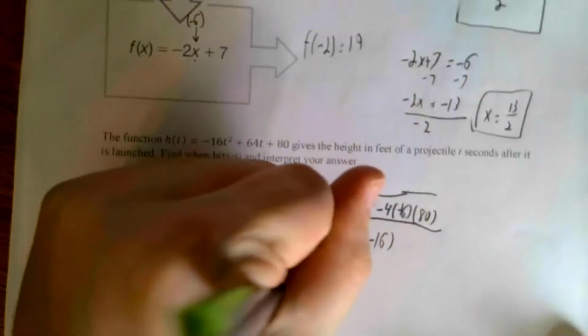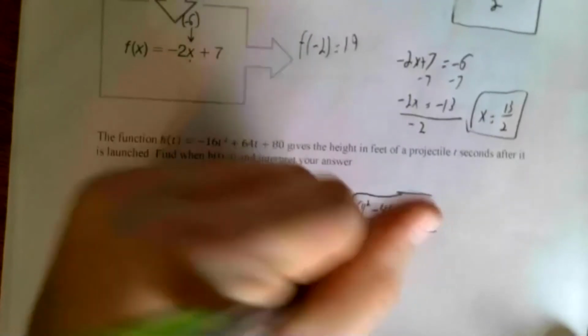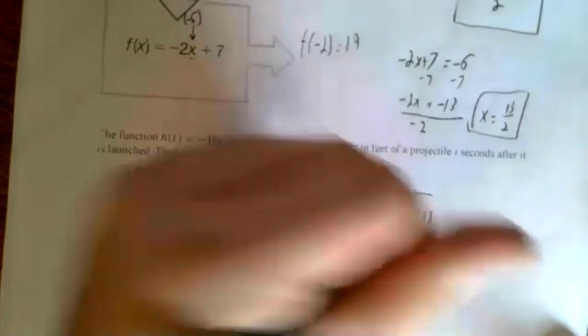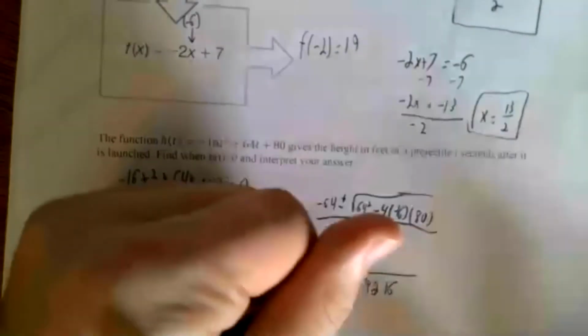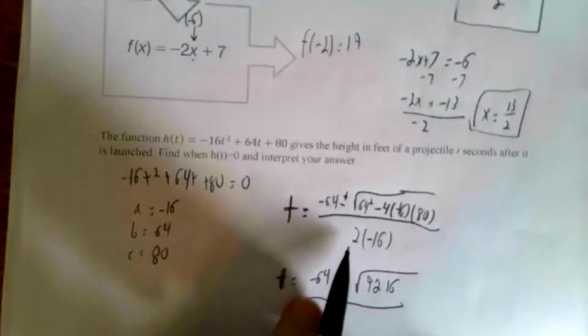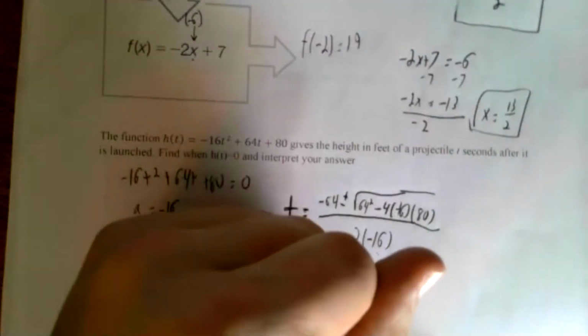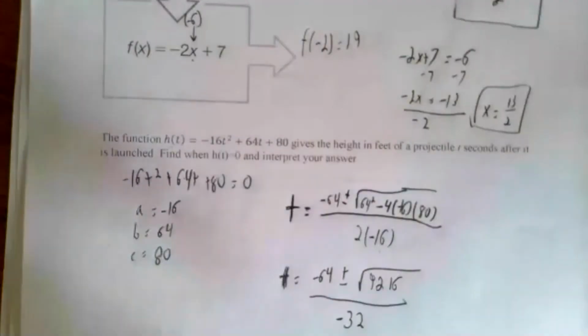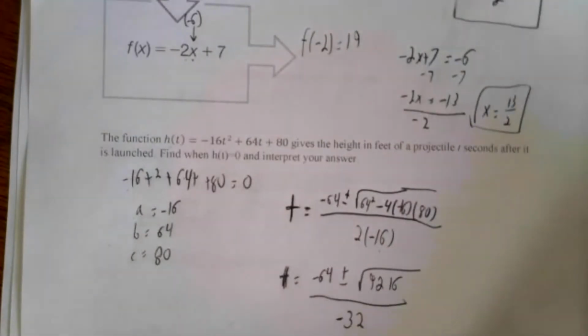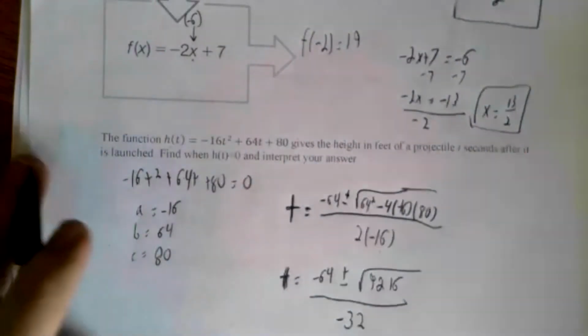And what I'm going to do is I guess I'll rewrite this. So we have t equals negative 64 plus or minus the square root of 9,216 over, and then 2 times negative 16 is a negative 32. Right? And I don't know, but I can check to see if that 9,000 number comes out evenly, and it looks like it does.